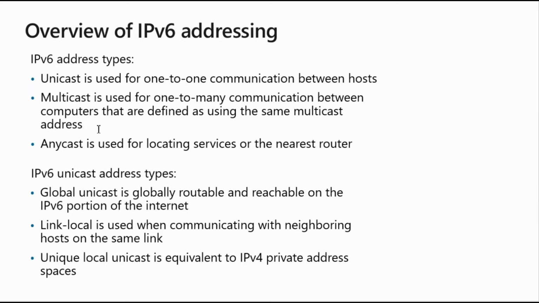Remember, unicast means one-to-one communications. Multicast means kind of like group communications, like we are doing at the moment in this Zoom. So that means over there, some kind of multicast communication is happening. And anycast in IPv6 is used for locating services or the nearest router.